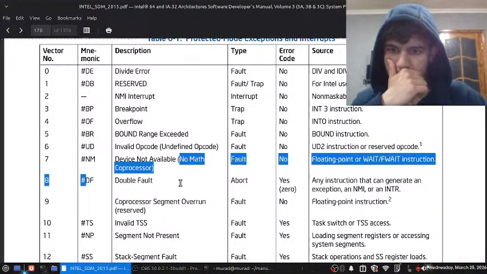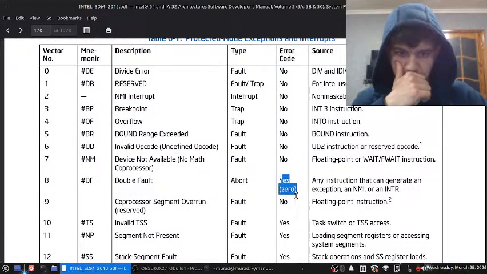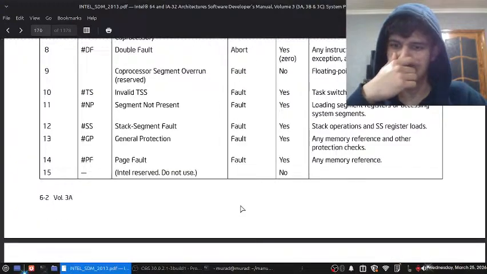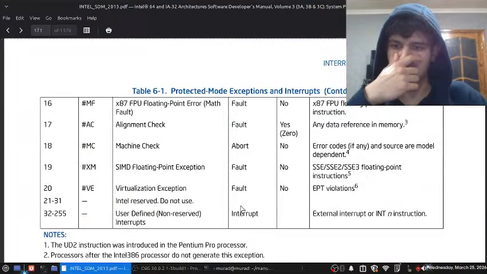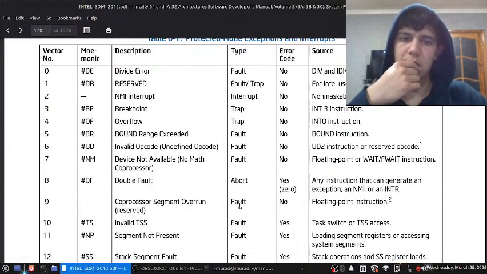Okay, our error code starts from double fault and continues through page fault, and there is only an alignment check after the page fault with an error code.